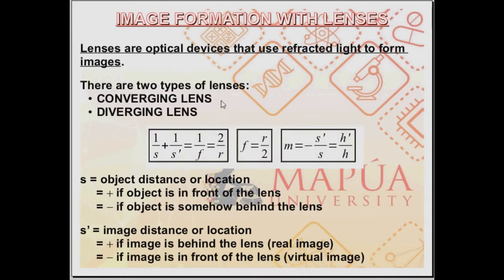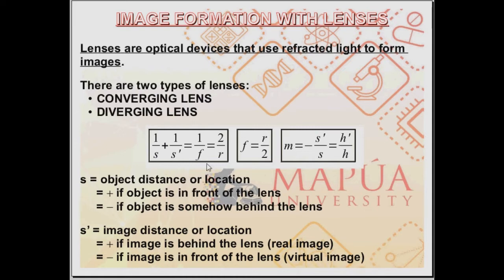Regardless of whether you have a converging lens or a diverging lens, we use the same equations when analyzing the image formed. 1/s + 1/s' = 1/f = 2/r. f is just equal to r/2. And then we have m = -s'/s = h'/h.